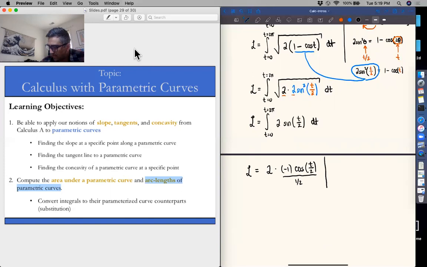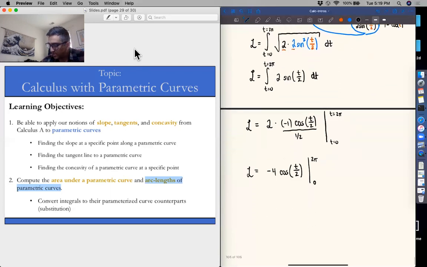And let's not forget that we evaluate this from t equals 0 to t equals 2 pi as our integration bounds. So the length in this case will be equal to minus 4 times the cosine of t over 2 between 0 and 2 pi.